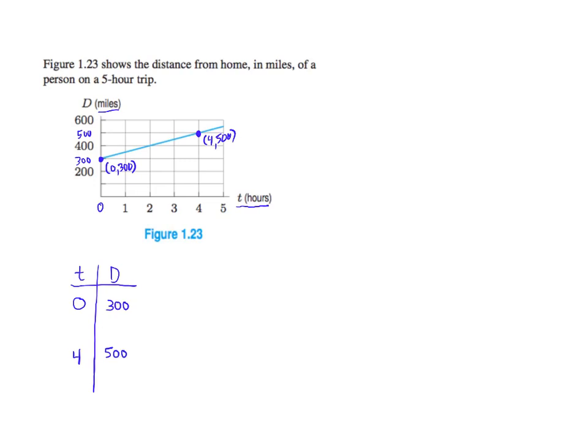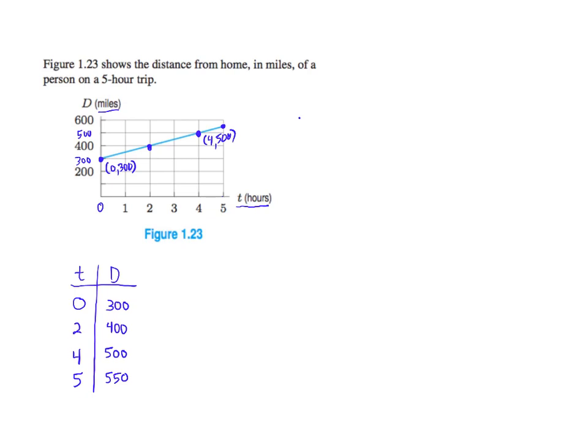There may be some other points that are easy enough to label. Here, at 2, it looks like that's 400 miles from home. And at 5, it might be easy enough to guess that in 5 hours they will be 550 miles from home. So here I have a table of values.